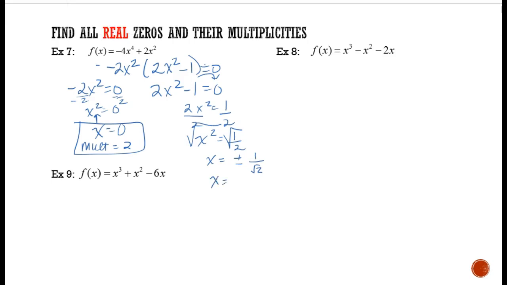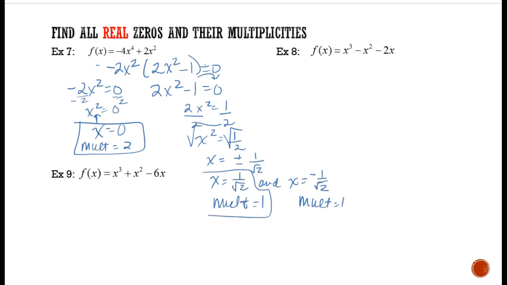So x can equal a positive 1 over the square root of 2, and x can equal a negative 1 over the square root of 2. Okay? So this has a multiplicity of 1, and this one has a multiplicity of 1. All right? So that works just fine.